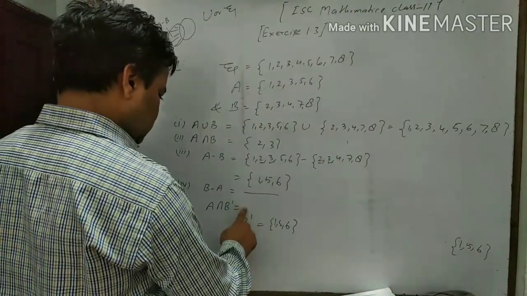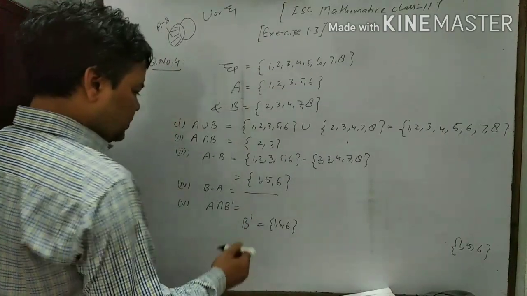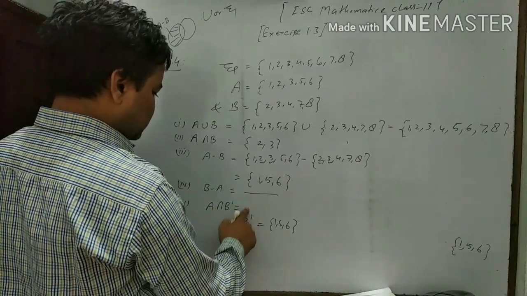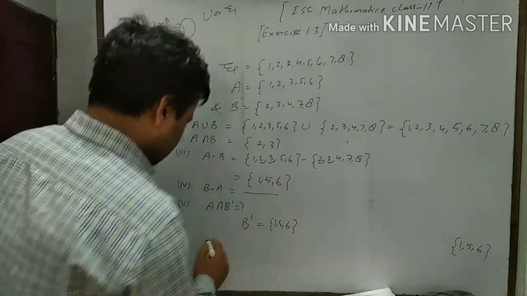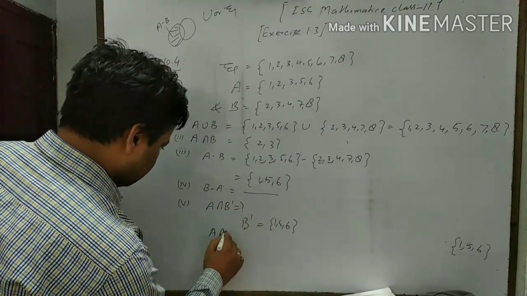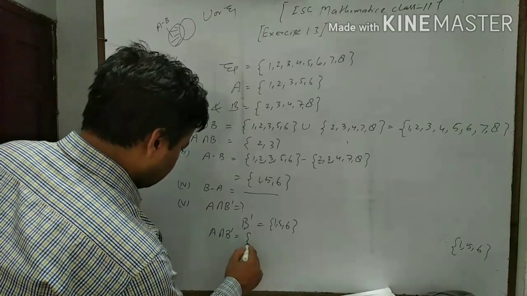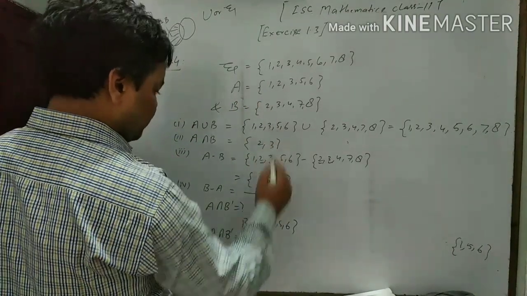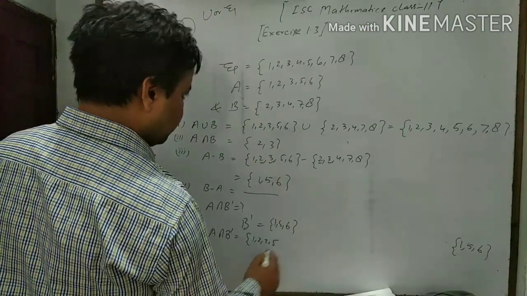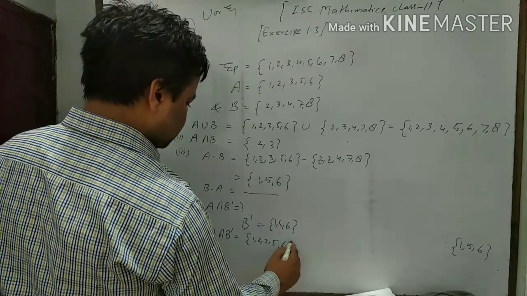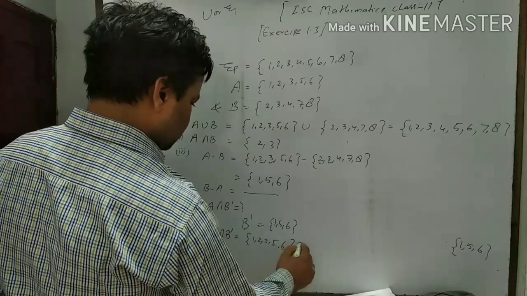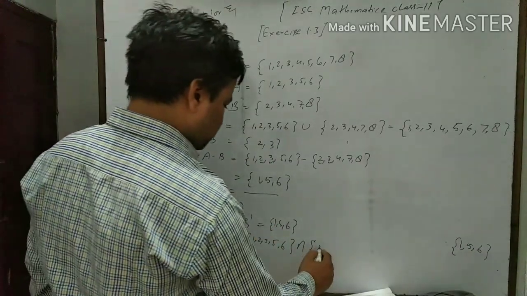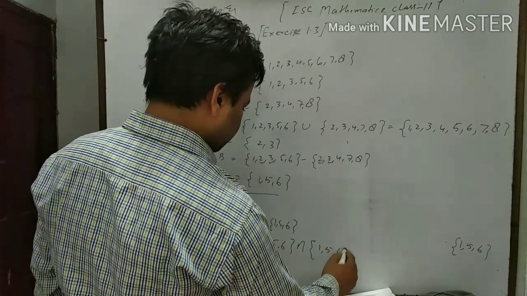Now, A intersection B dash means what? First we write A intersection complement set B. Set A is 1, 2, 3, 5, 6, and the complement set B is 1, 5 and 6.